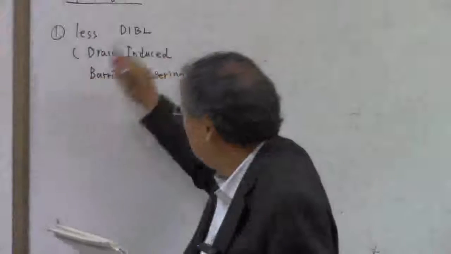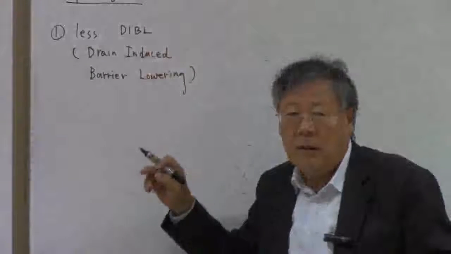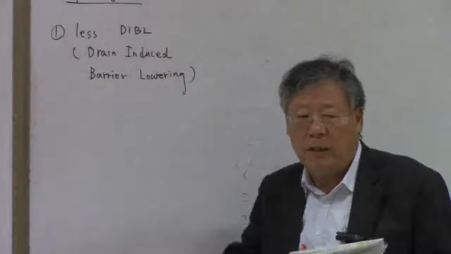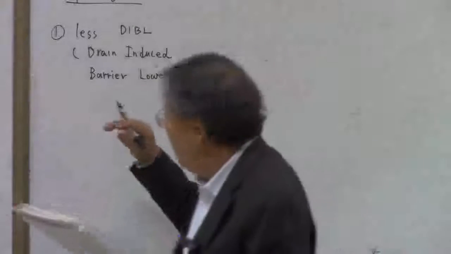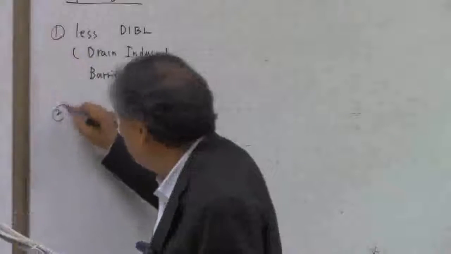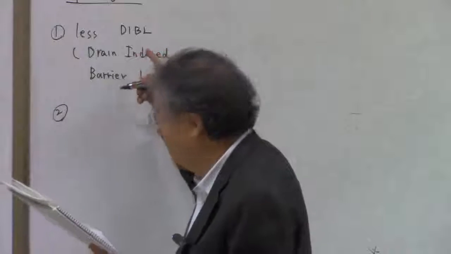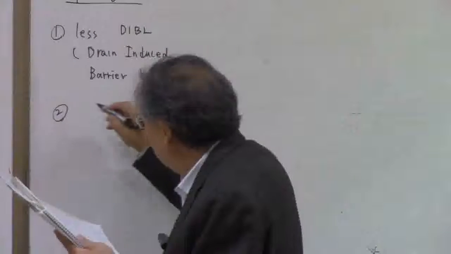Okay, so we are not going to discuss the DIBL in detail, but it's the same phenomenon that we are going to discuss in the small geometry and high drain voltages sections. So we are not going to discuss the DIBL phenomenon separately.